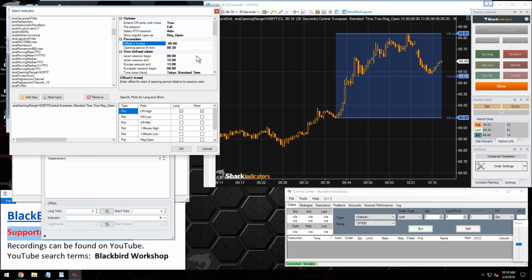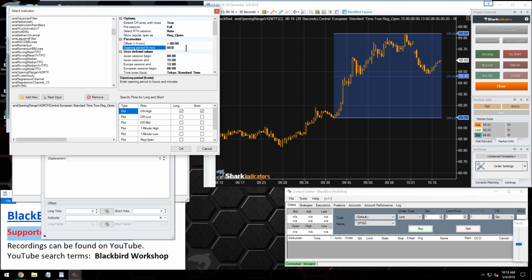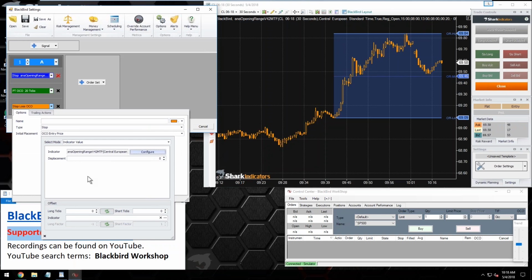Again, get the same settings plugged in. I said we'd set the stop loss at the midline there. If we like, we can add an offset to this. We'll put it one tick below, so a -1.